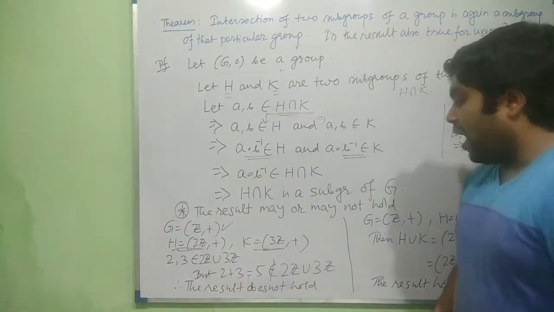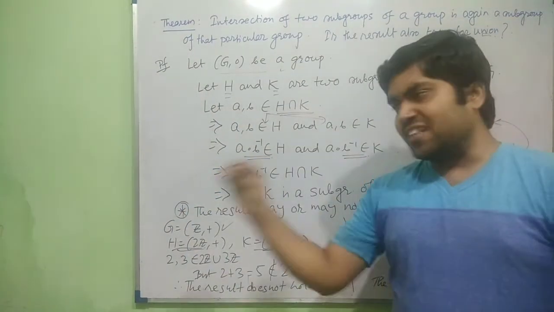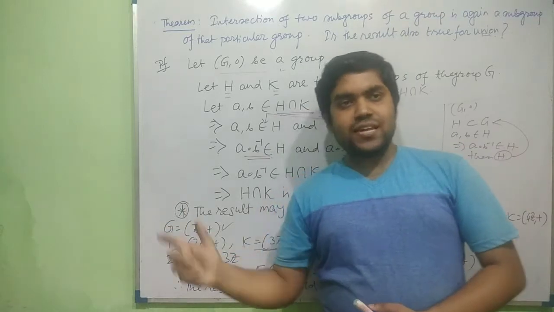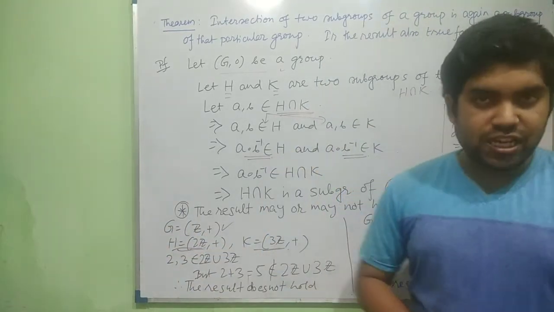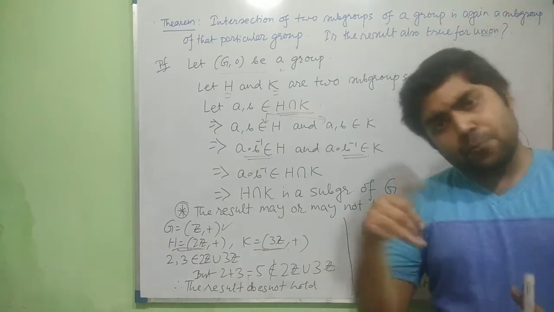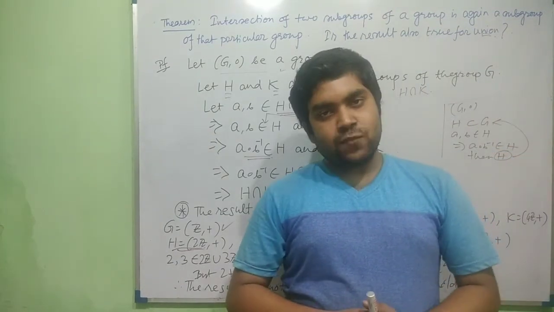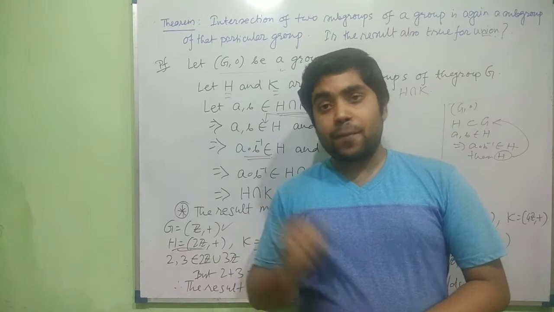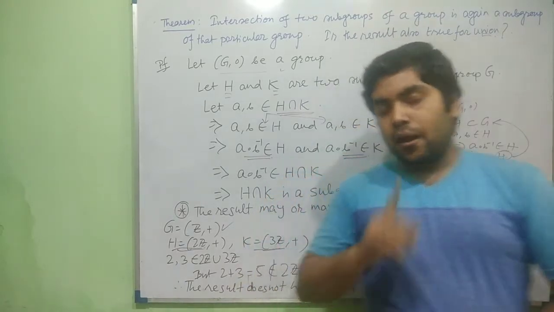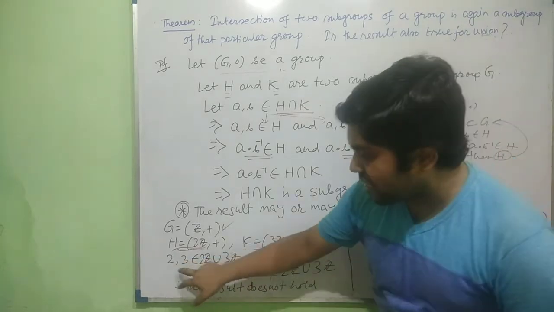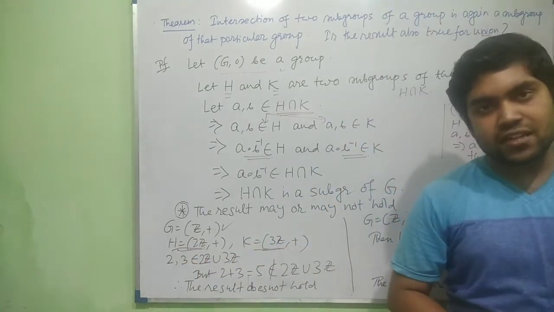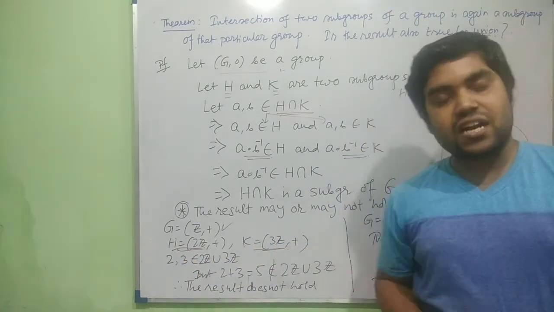But suppose we consider that the union H union K, that is 2Z union 3Z, is a subgroup of G. Therefore all the properties of a subgroup will be satisfied. That is, the closure property also has to be satisfied. But if the closure property is satisfied, then 2 plus 3 must belong to 2Z union 3Z, which is a contradiction. Why?